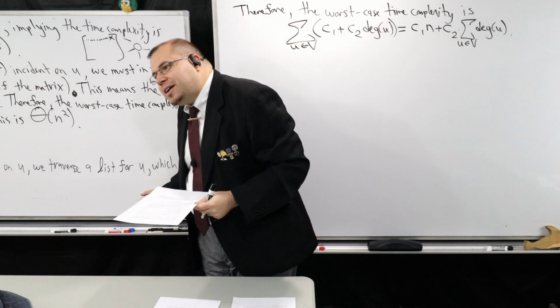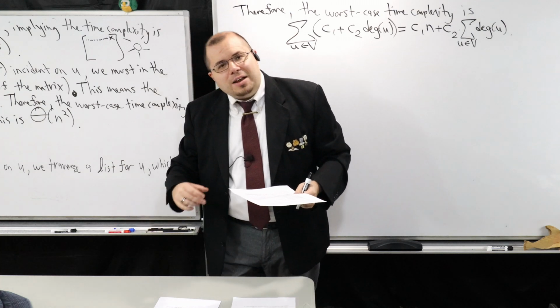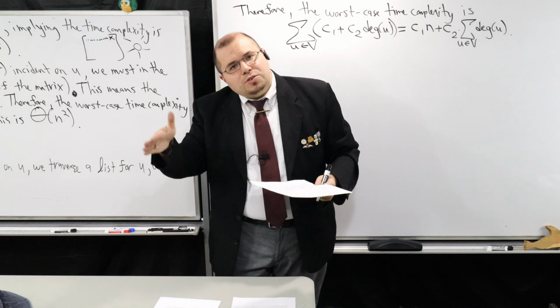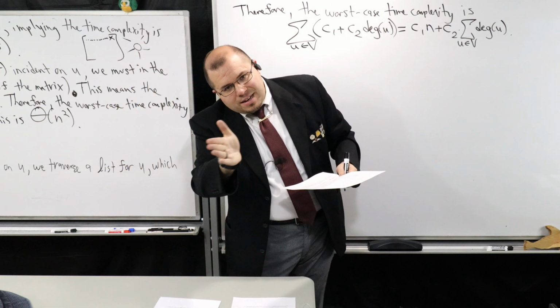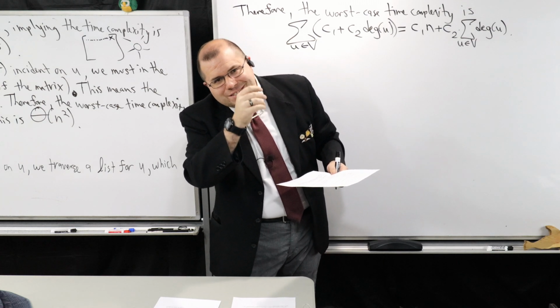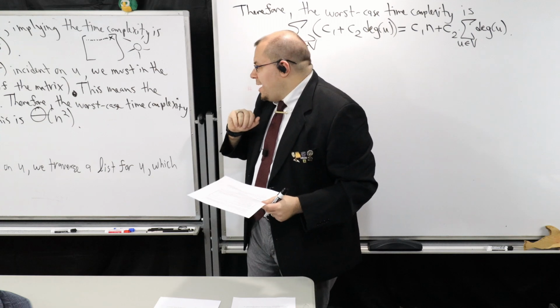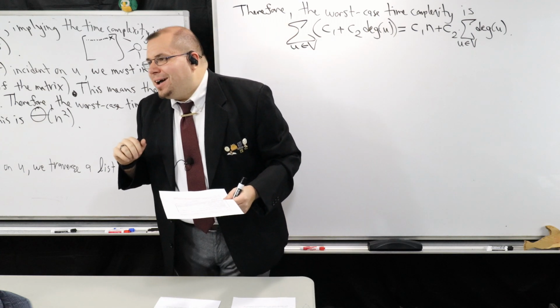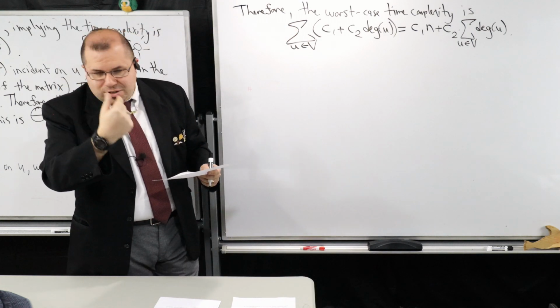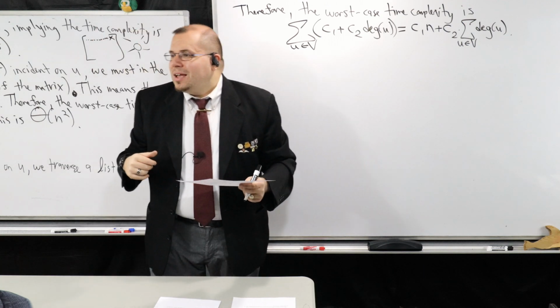So the big thing I just wrote on this board was that in an adjacency list, to get all of the incident edges, we have to traverse the degree of U elements.